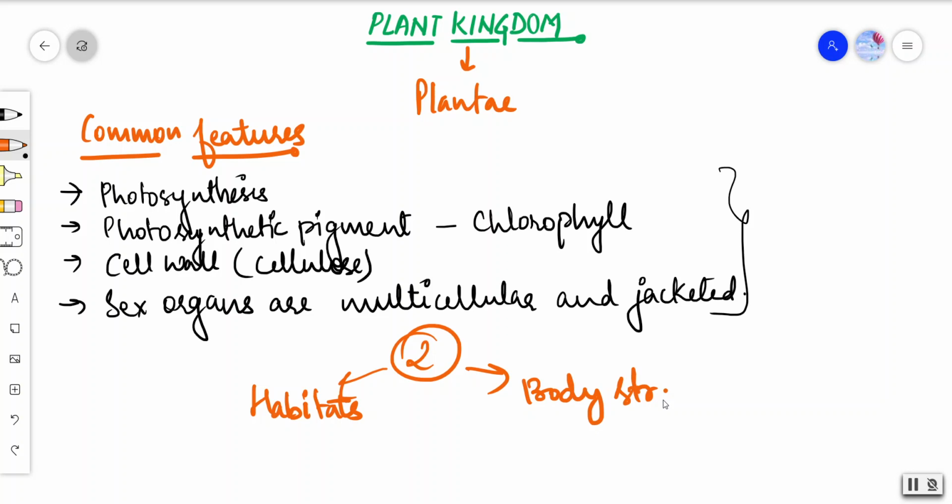What type of body they have, body shape. Clear?